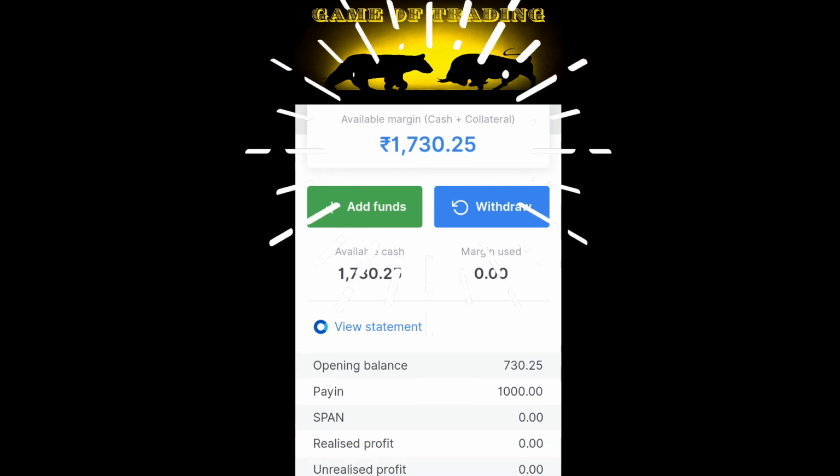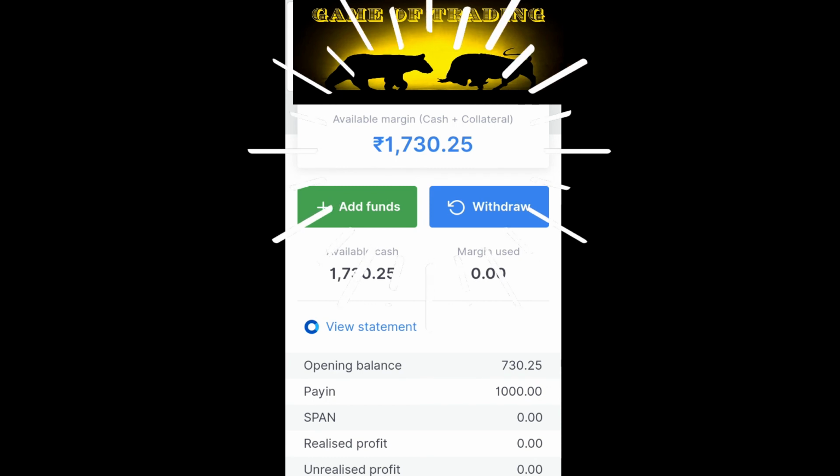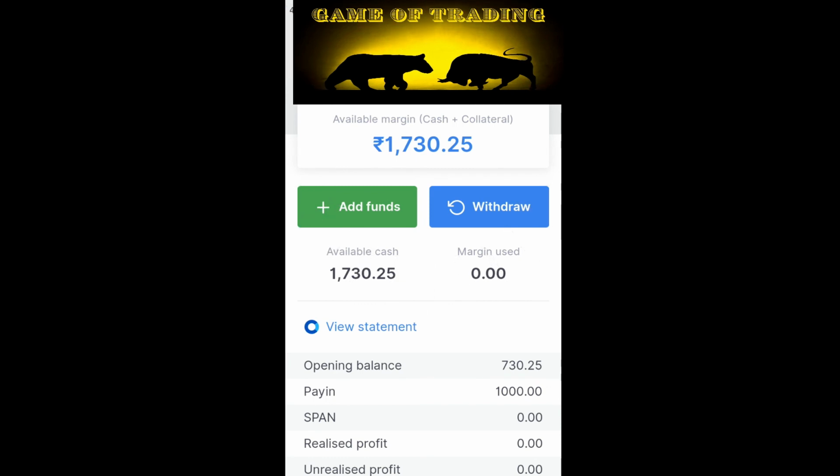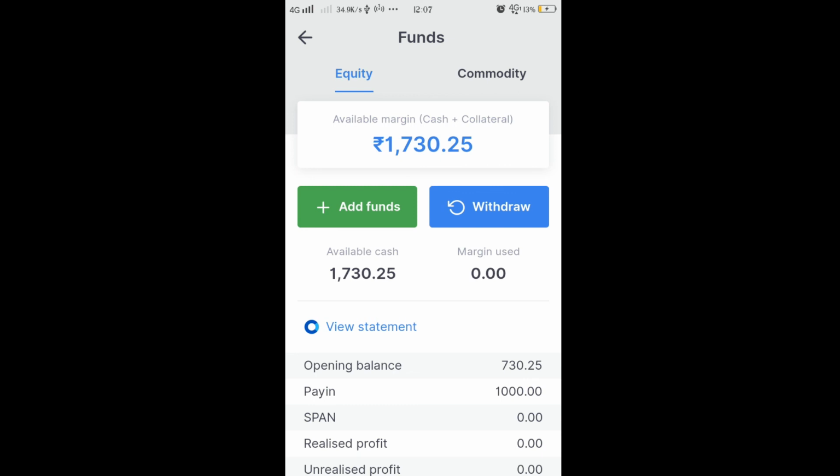Here is the proof that the payment was successful. After adding that 1000, my account increased to 1730 rupees. Got it?